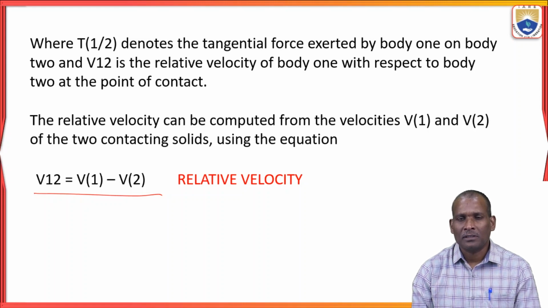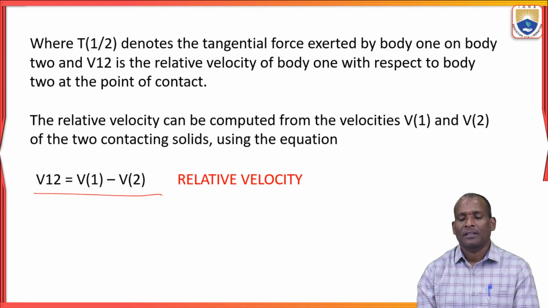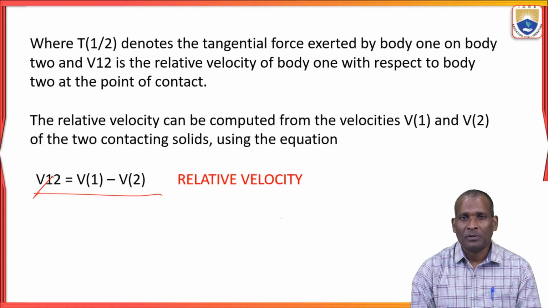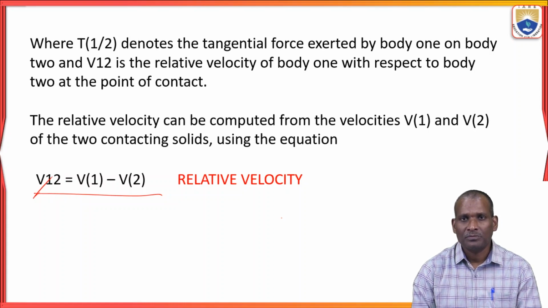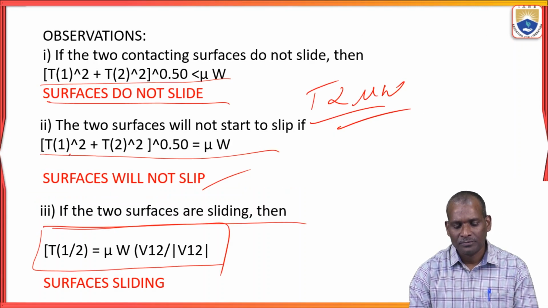This is the relative velocity of body 1 with respect to body 2 at the point of contact. The relative velocity can be calculated from the velocities V1 and V2 of the two contacting solids by using this equation.